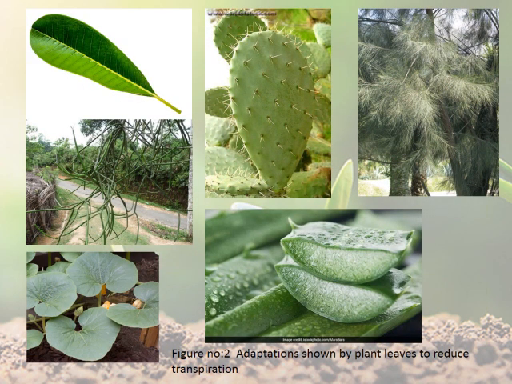Here I gave some pictures of these plants: temple tree, cactus, casa, Navahandi, aloe, as well as pumpkin. So you can collect real plant specimens as examples for the different adaptations against transpiration.